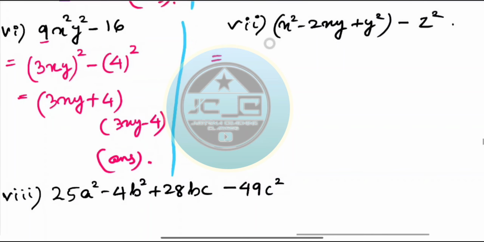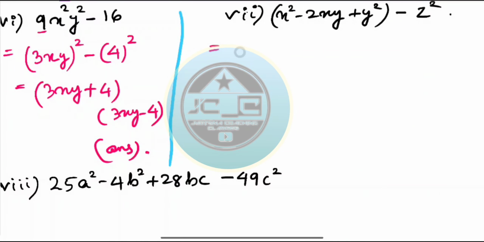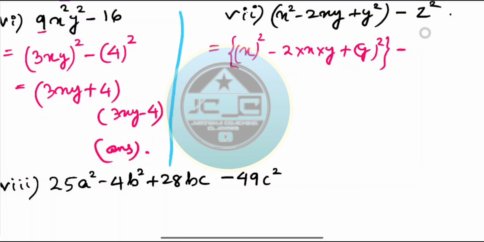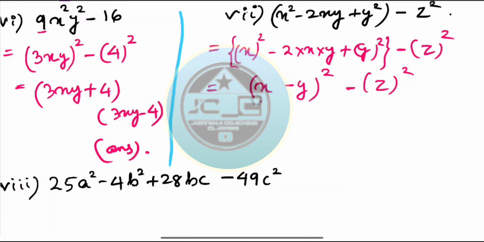Now in this question, x square minus 2xy plus y square, as we know that this is the identity number 2, x square, right, minus 2 into x into y plus y square, right? This is it, and minus z square, right? Clear? This is the square of (x minus y) whole square, right, minus this is z square. Clear? Now in the place of a, what do we have? x minus y, and in the place of b we have z.